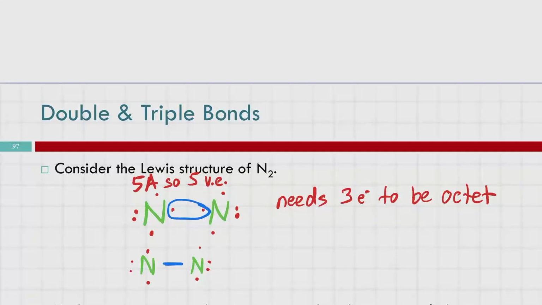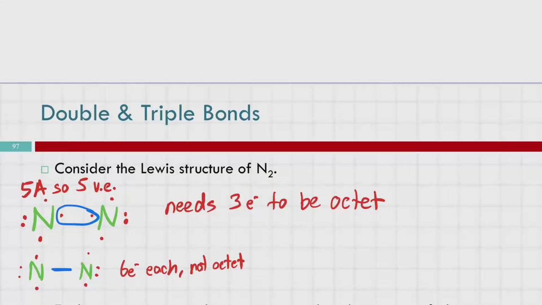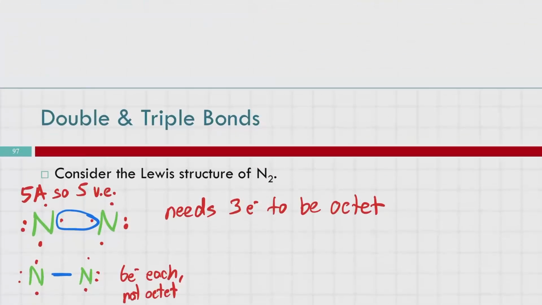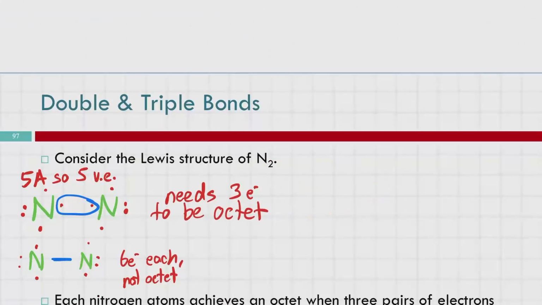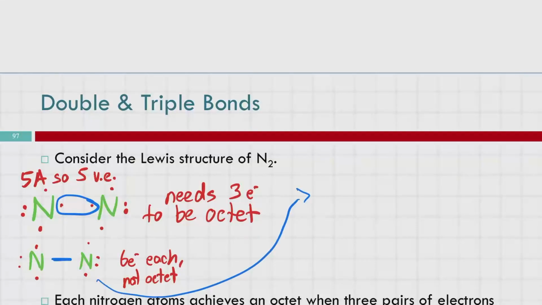How many electrons does each nitrogen have now? 6. Which is not an octet. I'm going to slide all this over. Next frame.